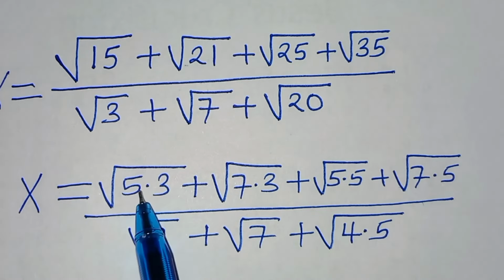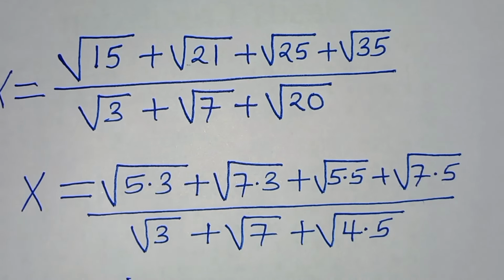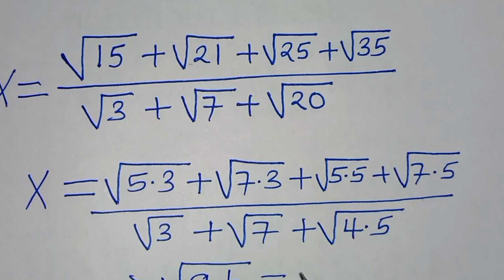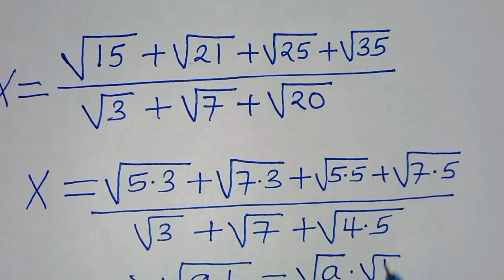Now, square root of 5 times 3, square root of 7 times 3. This is actually in the form of square root of a times b, which we can express as square root of a times square root of b.